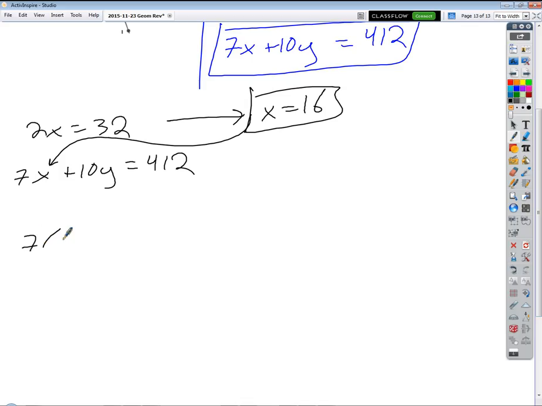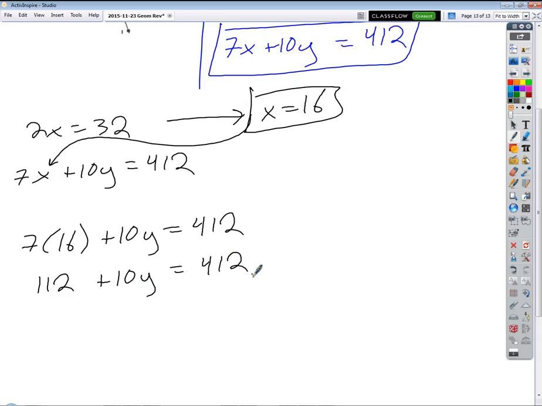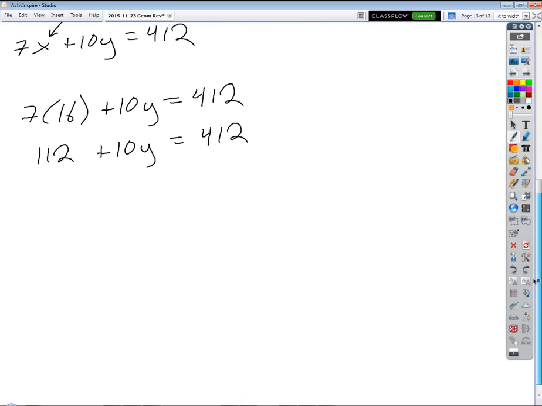7 times 16 plus 10 times y equals 412. What is that? 7 times 16 is 112, plus 10y equals 412. So what do I have to do to solve for y? Subtract 112.